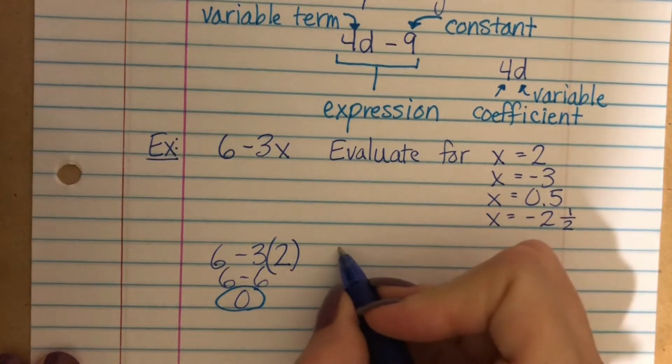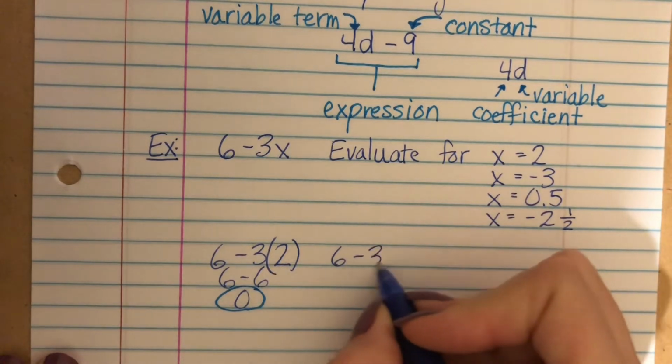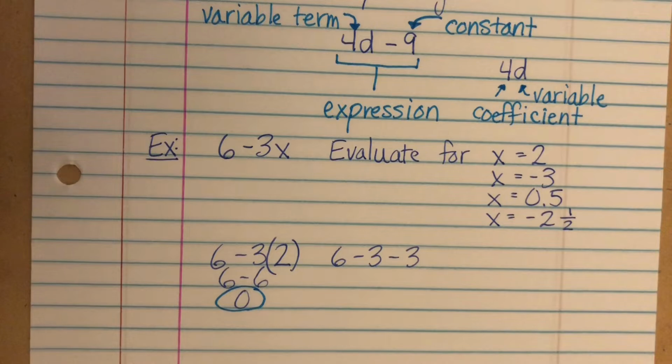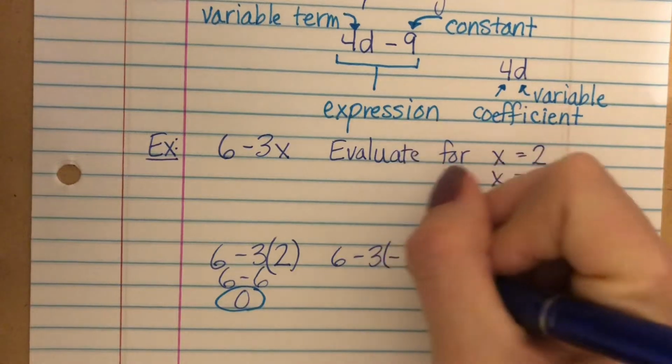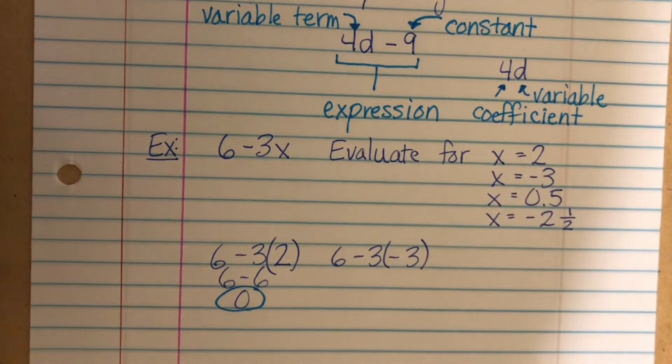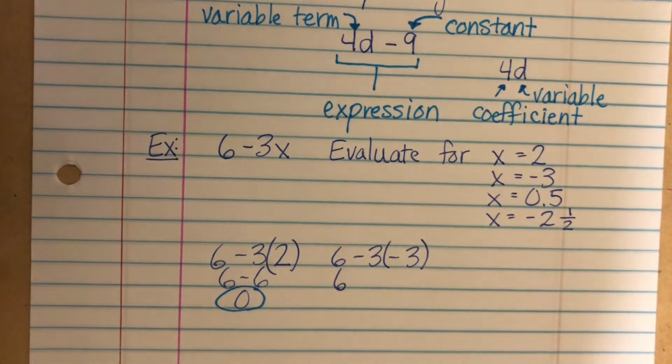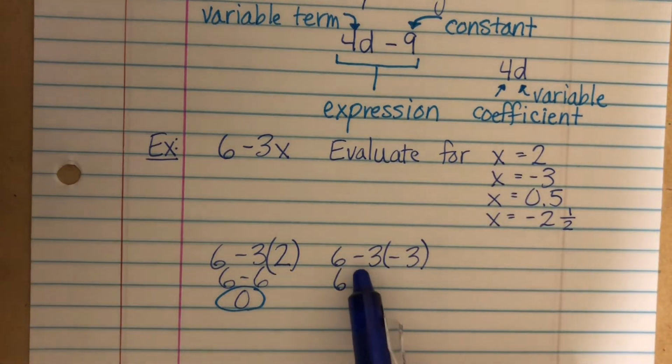Now let's do negative 3. Again, if I just plug in negative 3 there without parentheses, that looks like 3 minus 3, but it is not. This is multiplication, so it needs to be in parentheses. Here's another mental shift that I want you to get used to. I don't want you to see this as minus 3.